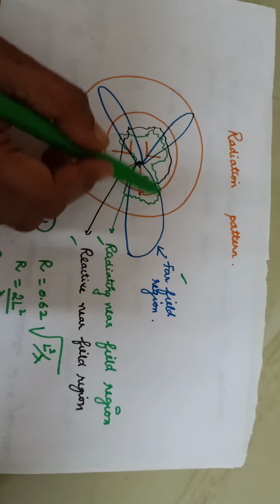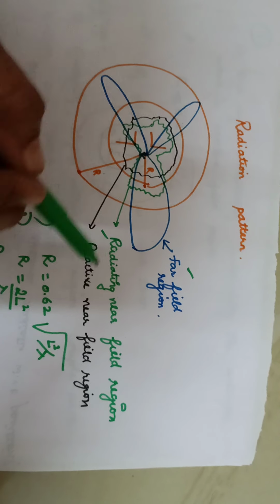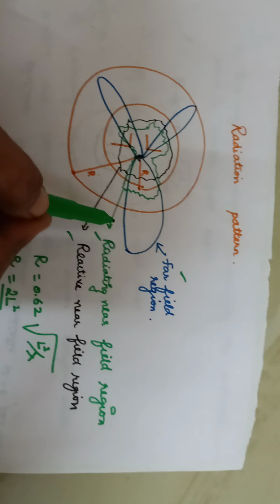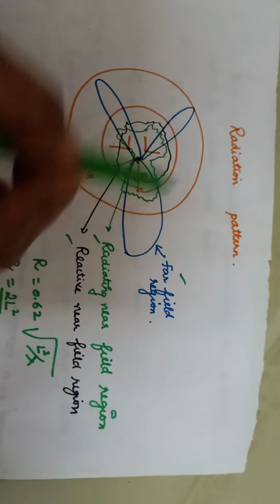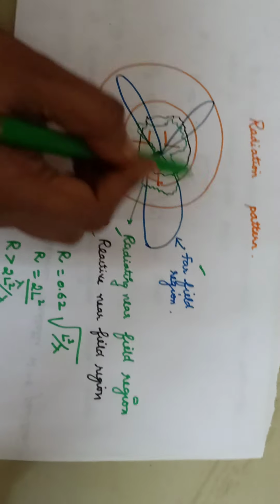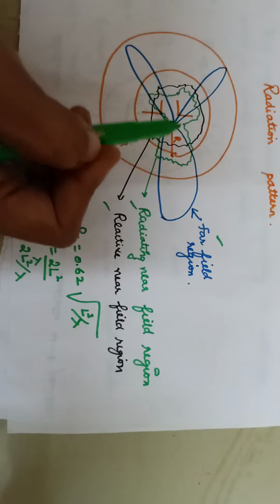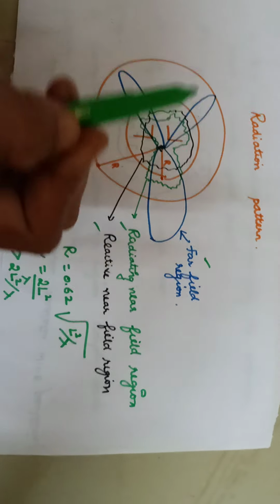I have used different colors so you can understand. Black is one radiation pattern obtained, green is another, and blue is another. The blue color radiation pattern is more or less a good radiation pattern. We are able to clearly classify the lobes, and that is only in the far field region. Only in the far field region can we exactly understand the radiation pattern of an antenna.